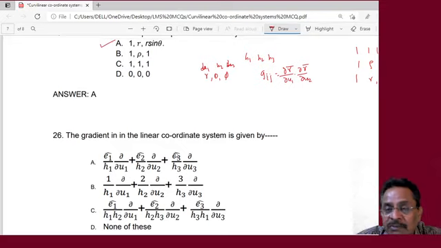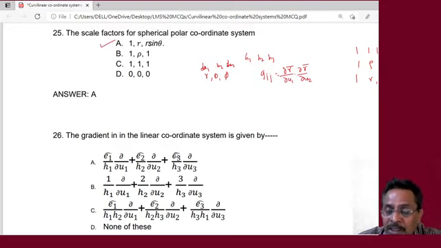For Cartesian it is 1, 1, 1; for cylindrical only the intermediate scale factor h2 is rho, otherwise it is 1, rho and 1; and for spherical it is 1, r and r sine theta. Remember these 9 parameters across these three coordinate systems; you will get at least 1 or 2 questions based on this. Deriving this is mathematical, but remembering it is not that difficult.